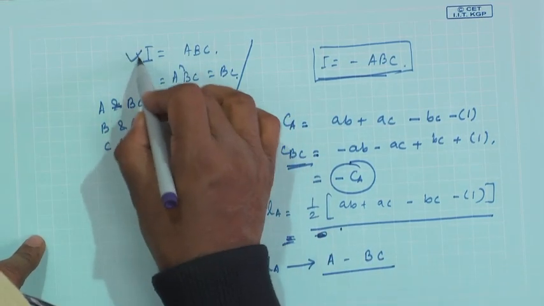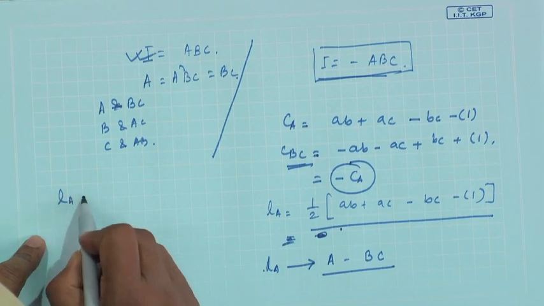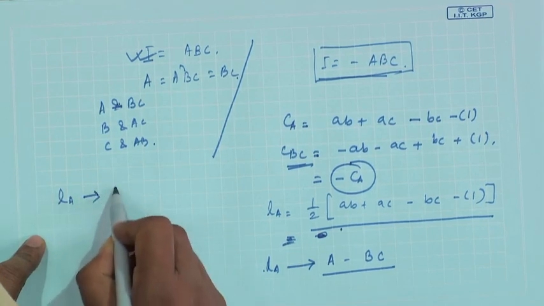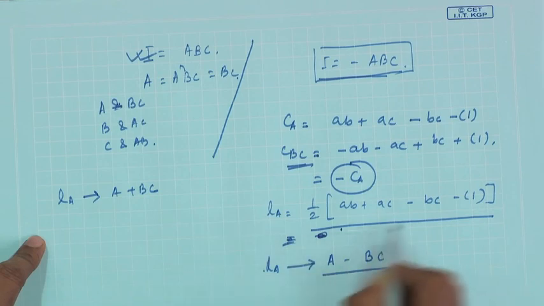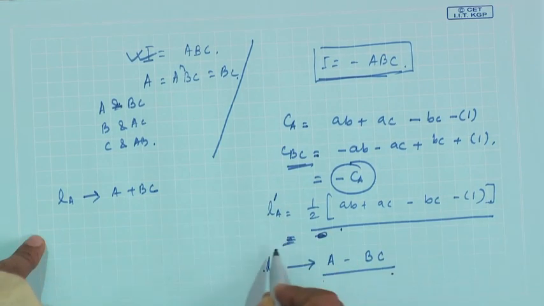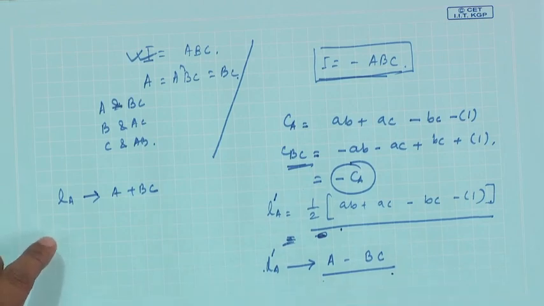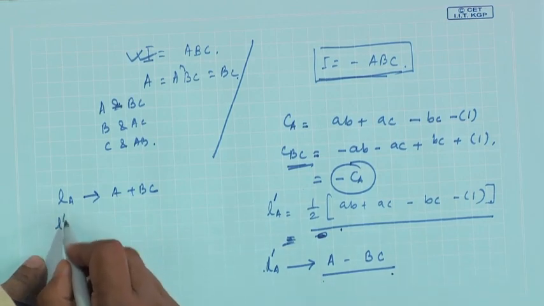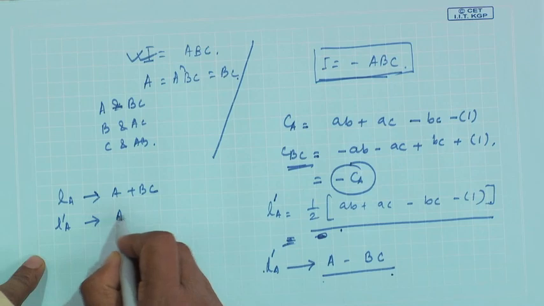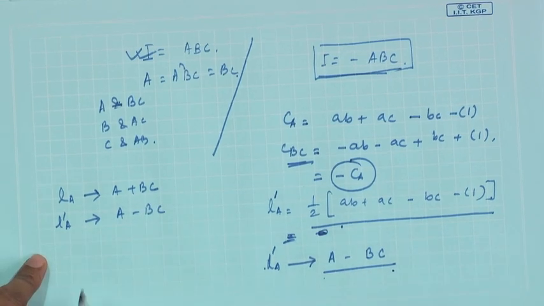Using the first half, you are getting LA equal to A plus BC. Using this half, you are getting L dash. So, we will use a dash here, that is all. Now, if I use L dash A, then it will be A minus BC.